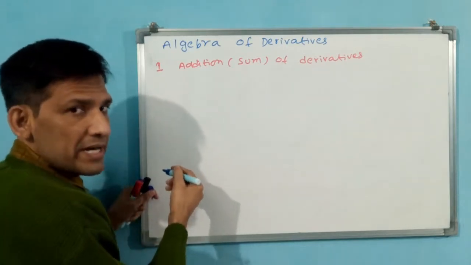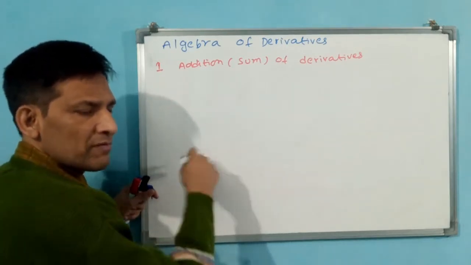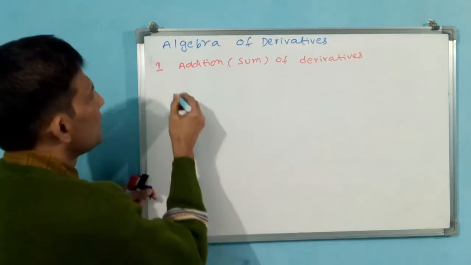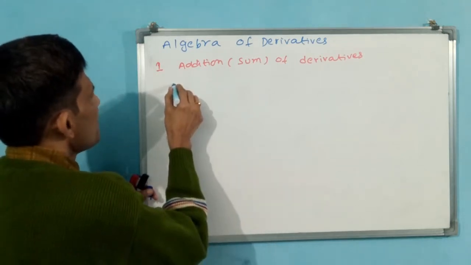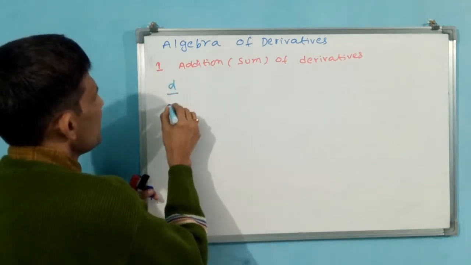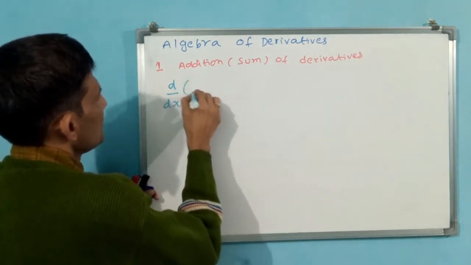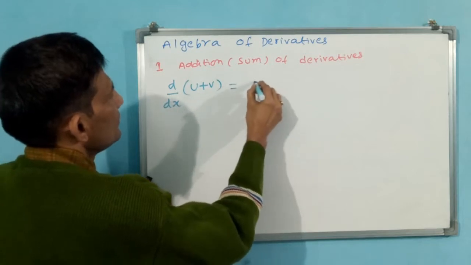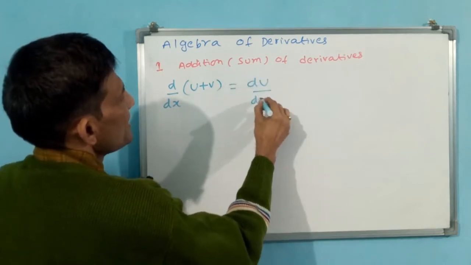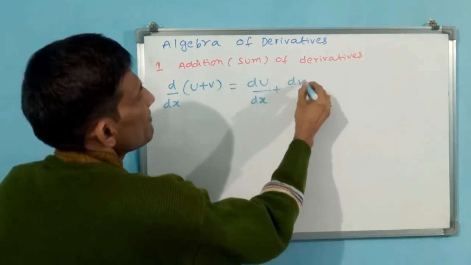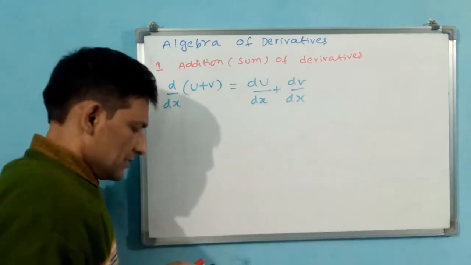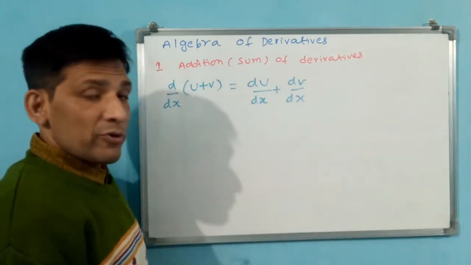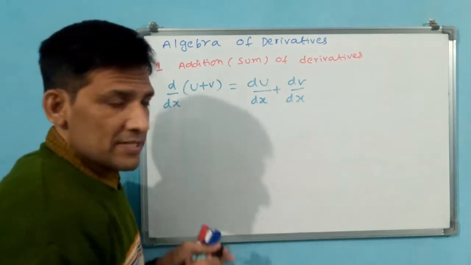Now we can write d by dx, because earlier I told you to write f dash x only, until some time. Now onwards you can write d by dx. See what I am writing: d by dx of u plus v is equal to du by dx plus dv by dx. But you may get confused: what is u and what is v?